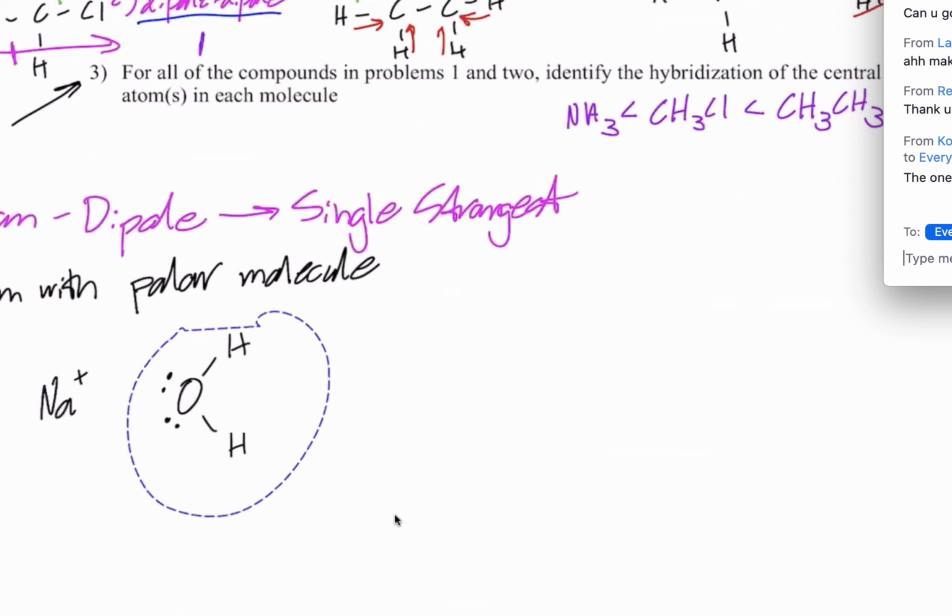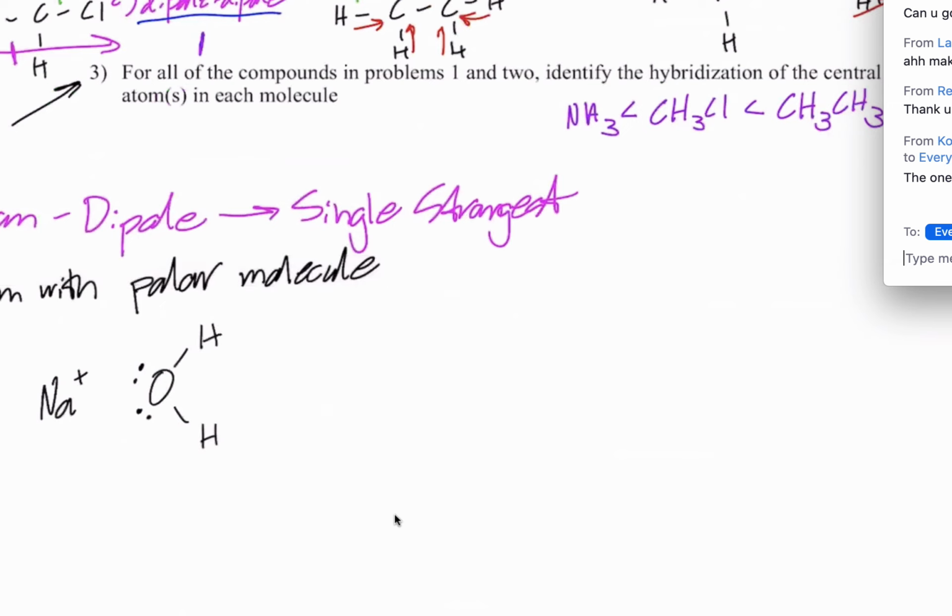And they're going to be very attracted to these water molecules because due to the polarity of water, I get a strong partial negative on the side of oxygen, and I get partial positives on the side of hydrogen, okay?